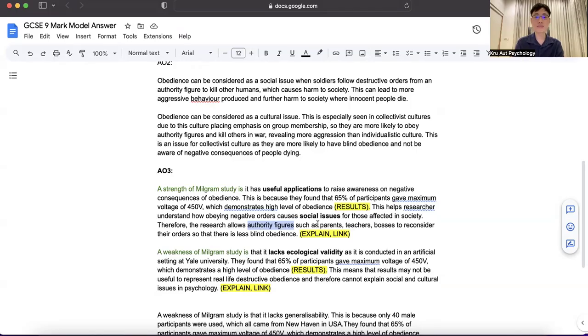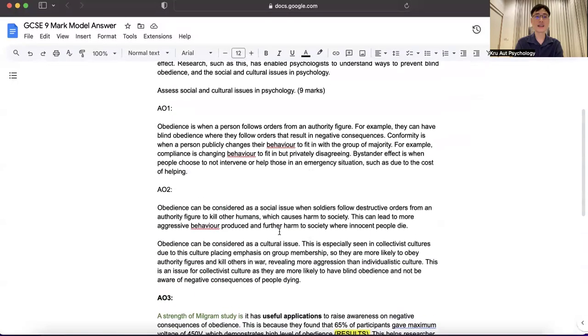So people such as parents, teachers, bosses can reconsider their orders or their instructions to lead to less blind obedience. So people don't follow negative instructions and result in negative outcomes, right? So that's a strength. It helped raise awareness from being the point, writing the result and explaining and linking it back to the question to address either social or cultural or both. But I think one is enough.